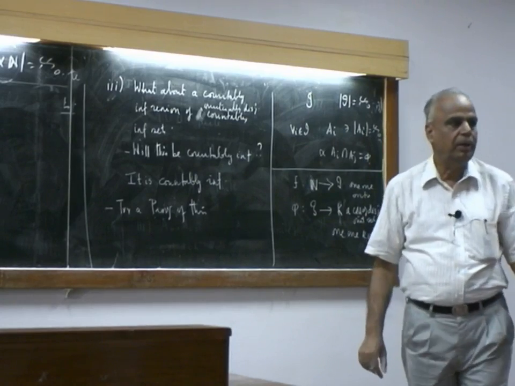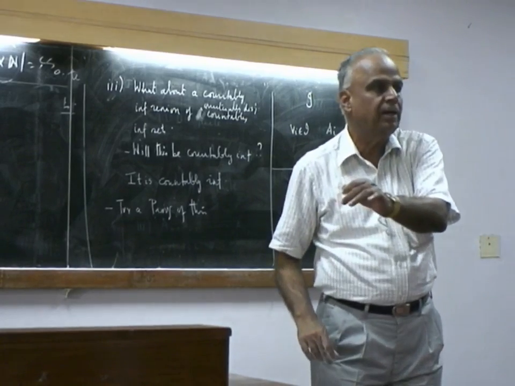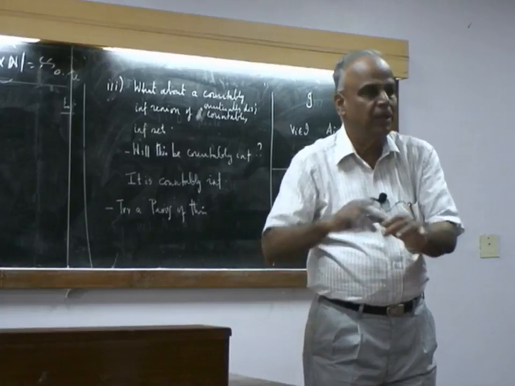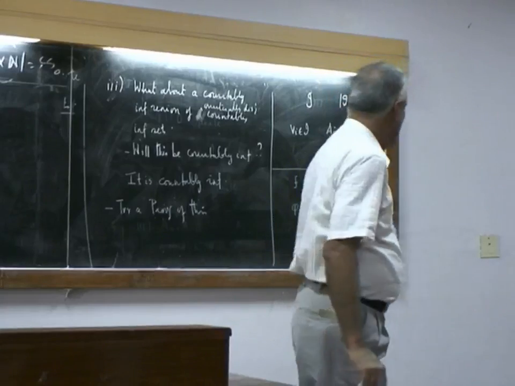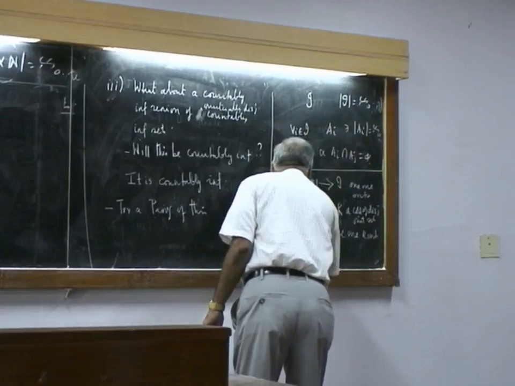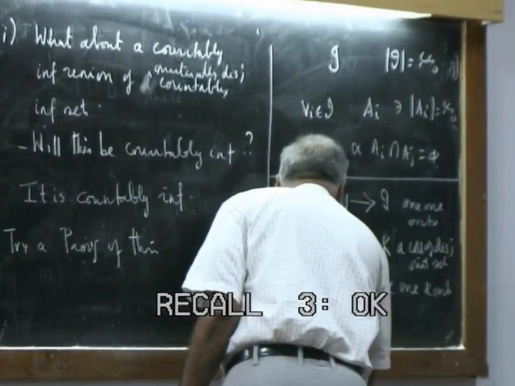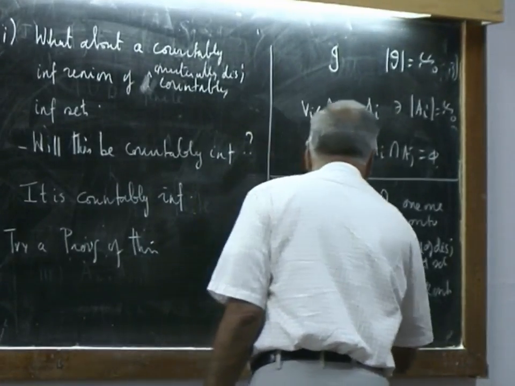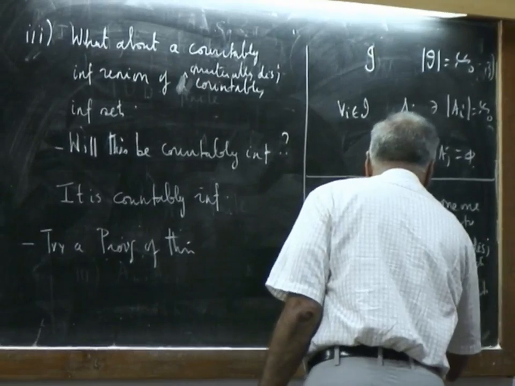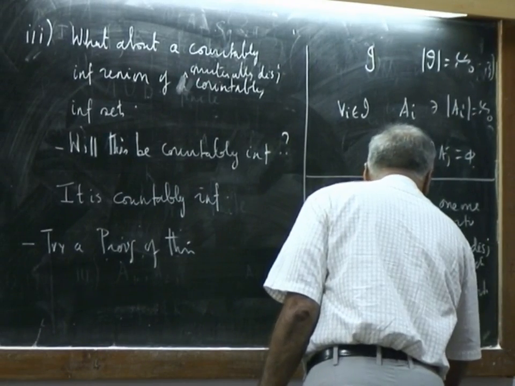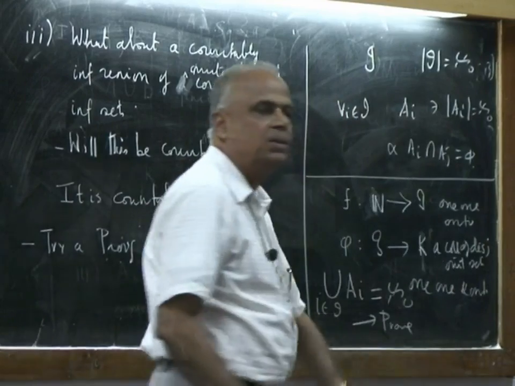For every point in the index set, there is a set there, and any two of them must be disjoint. So now the question is: the union over i belonging to I of A_i is equal to Aleph naught. Prove. That's what the question is.